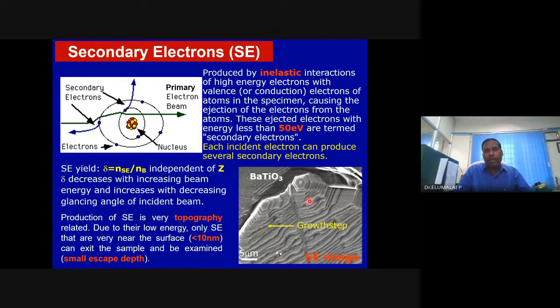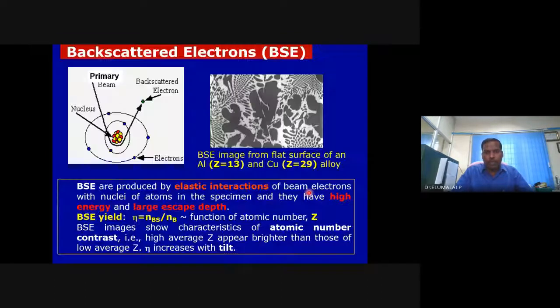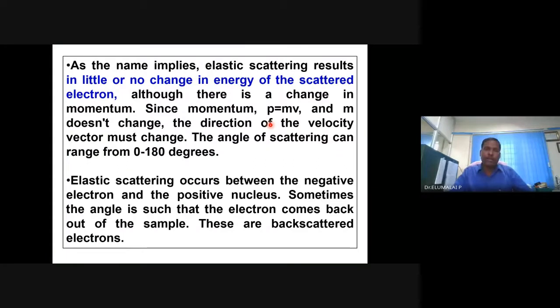It means any material you can map like this if you note the secondary electron intensity. But if you note the backscattered electron intensity, you'll be able to separately see how the aluminum is distributed and how the copper is distributed. The white spots are one material or element, gray or dark spots are another material, compound or element.